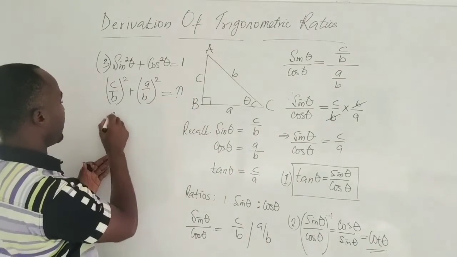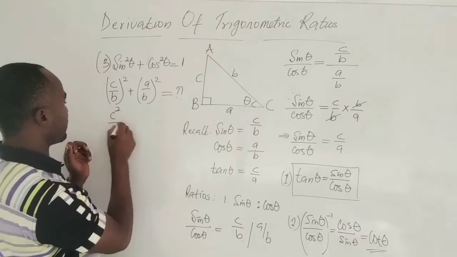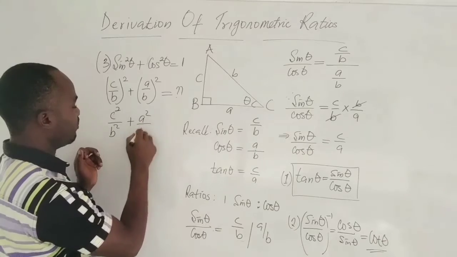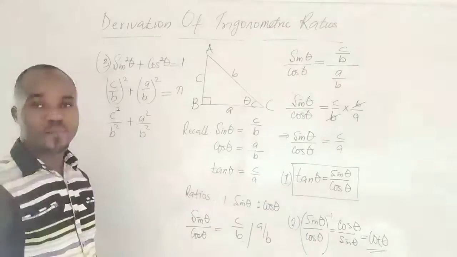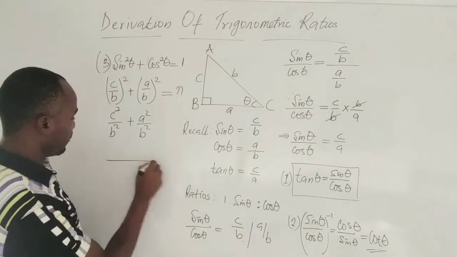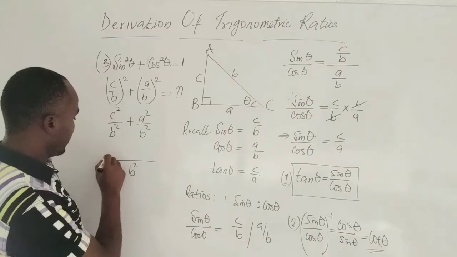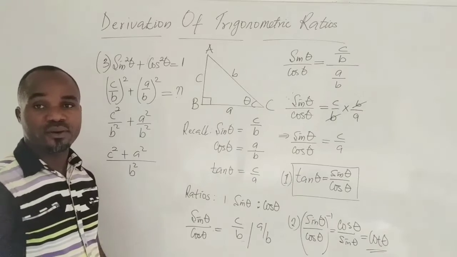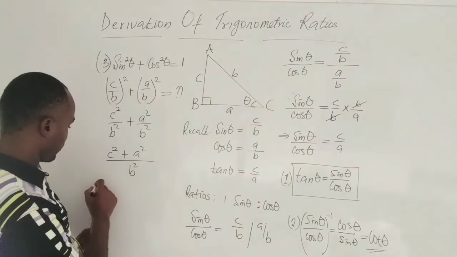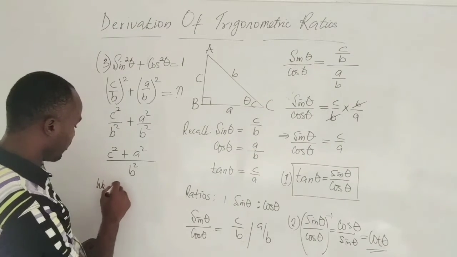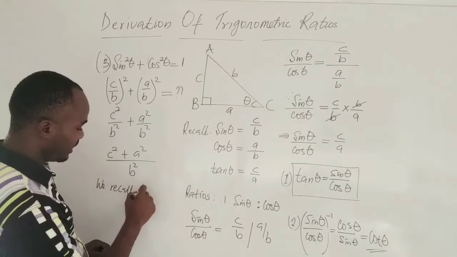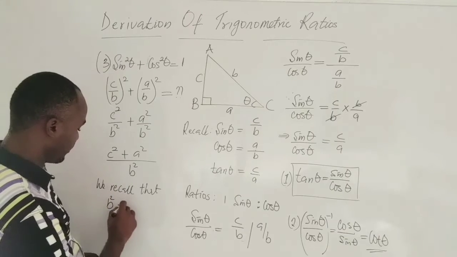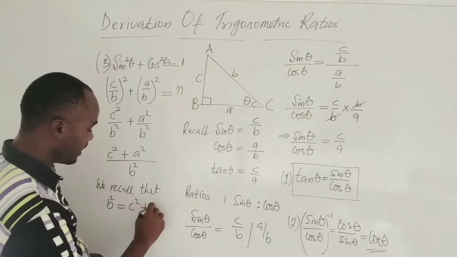So here we have C squared over B squared plus A squared over B squared. The LCM at this point will give B squared, and then we have C squared plus A squared. Then we recall that B squared is equal to C squared plus A squared.